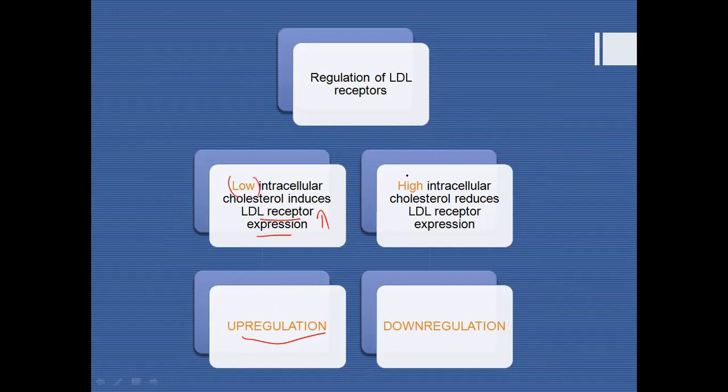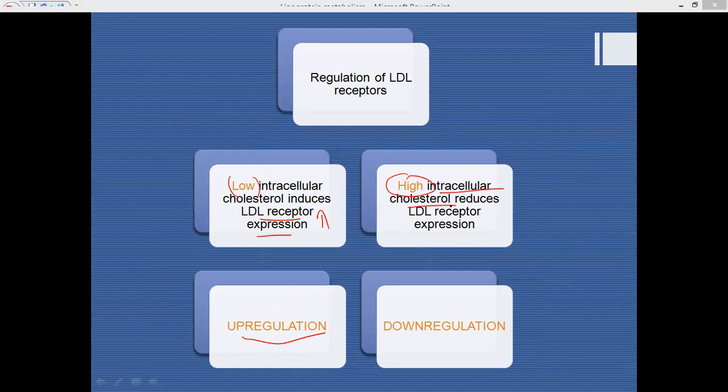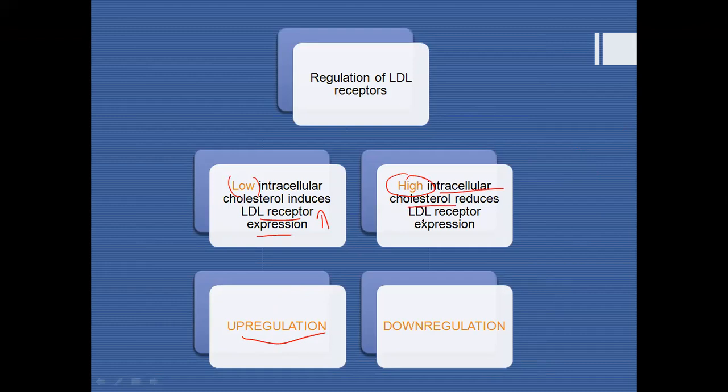In contrast, when there is high intracellular cholesterol, the expression of LDL receptor will be down regulated. So there won't be circulation of cholesterol into various organs, and the extra cholesterol will be stored in the form of cholesterol esters.